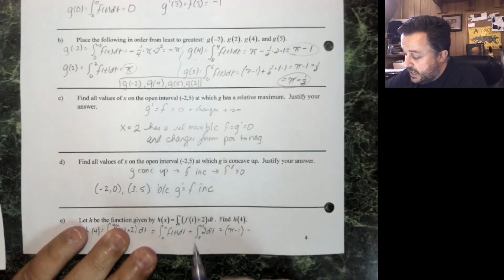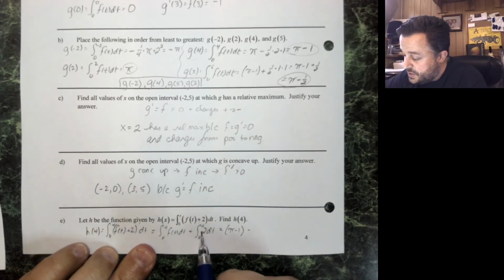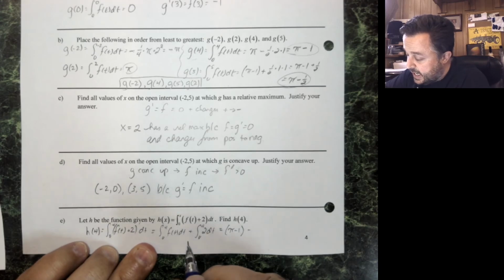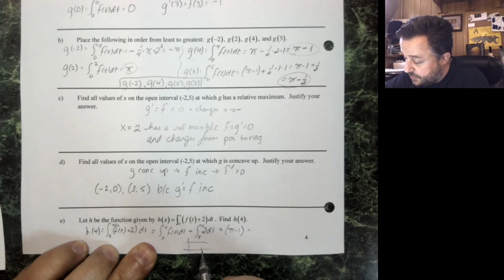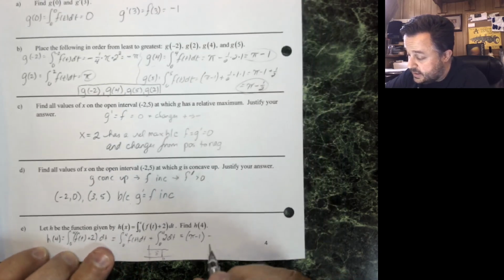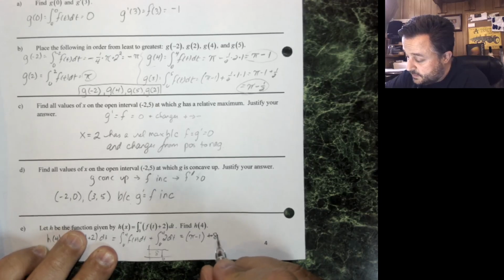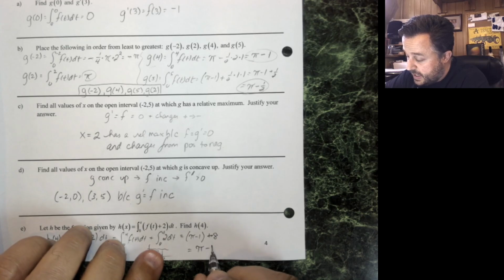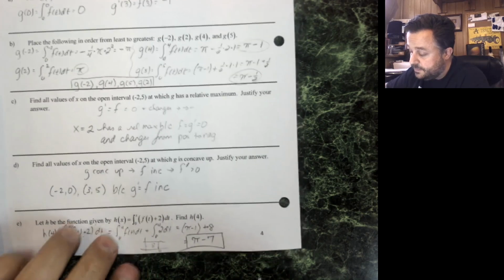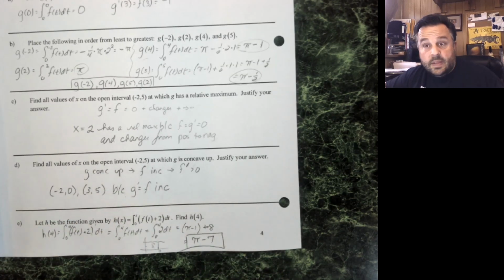And then the integral from 0 to 4 of 2 dt, again, you've got to think of that as the graph of 2 is a horizontal line. We're trying to find the area from 0 to 4. So that becomes a rectangle. Its area is 8. Pi minus 1 plus 8 is pi plus 7. And that finishes that problem.